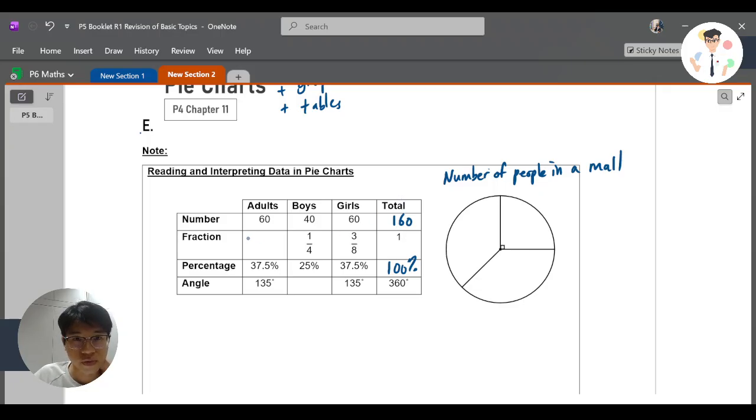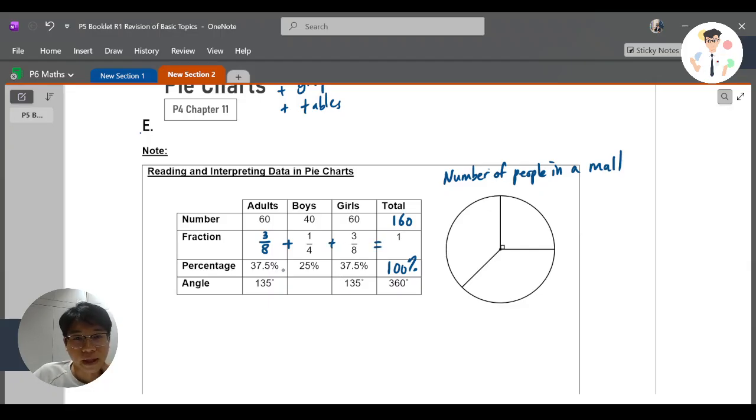Okay. Now let's look at here. Fraction. Here is blank. 1 out of 4, 3 out of 8, 1. Now, if I see that girls is 60, adults also 60, and the fraction here is 3 out of 8, here also will be 3 out of 8. And I know this plus this should give you 1.